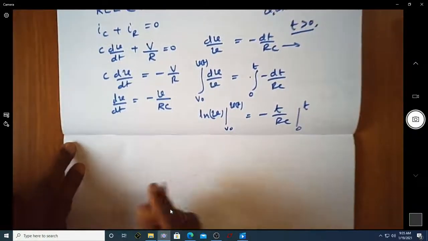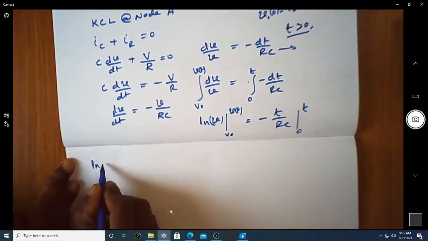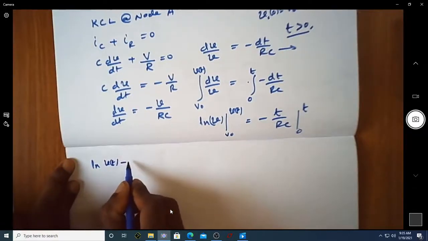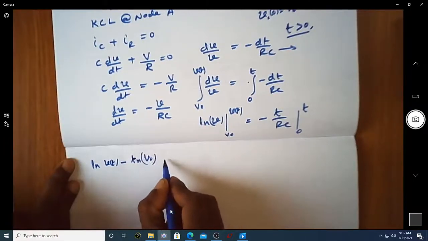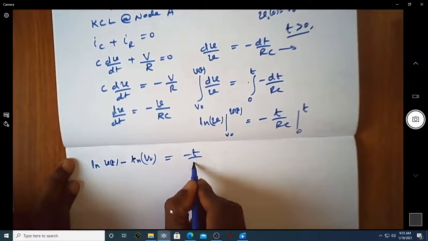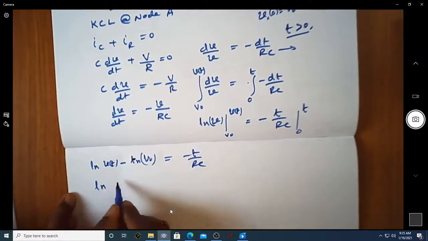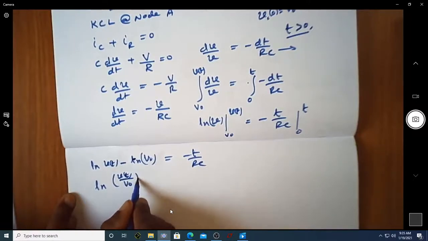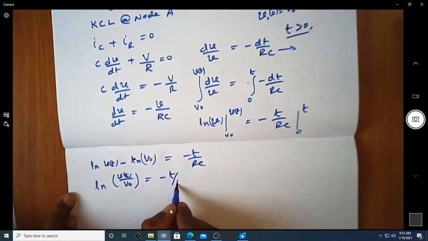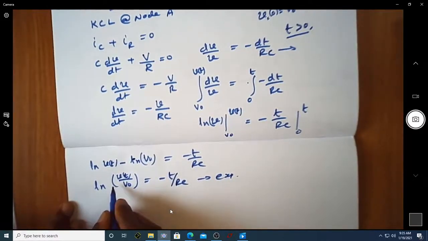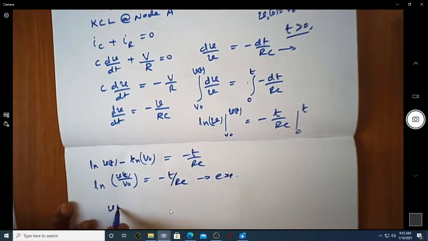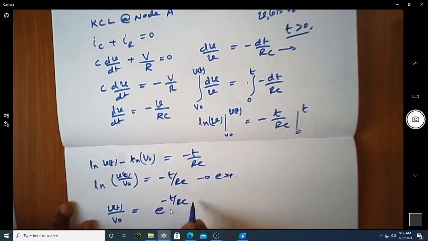So this reduces to ln of v of t minus ln of V naught is equal to minus t by RC, which can be further written as ln of Vt by V naught is equal to minus t by RC. Now taking the exponential on either side, Vt by V naught is equal to e power minus t by RC.